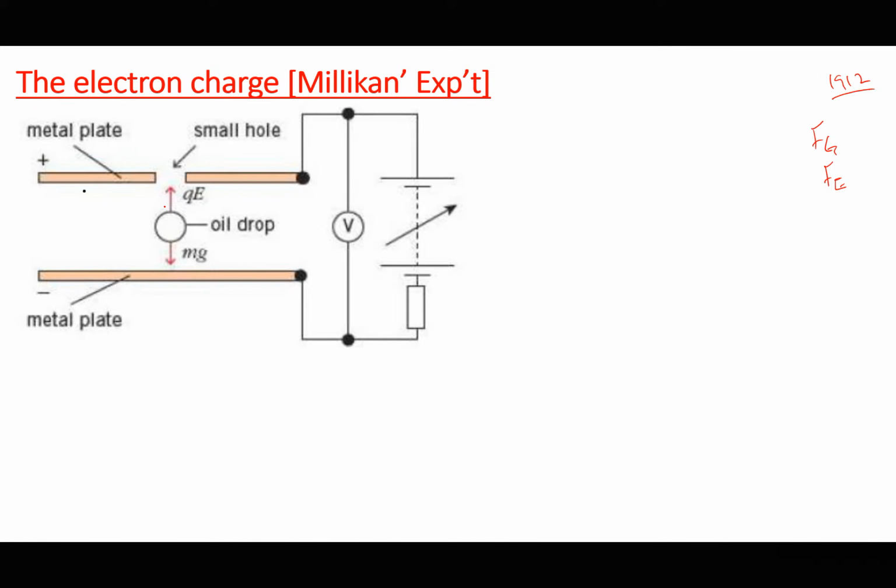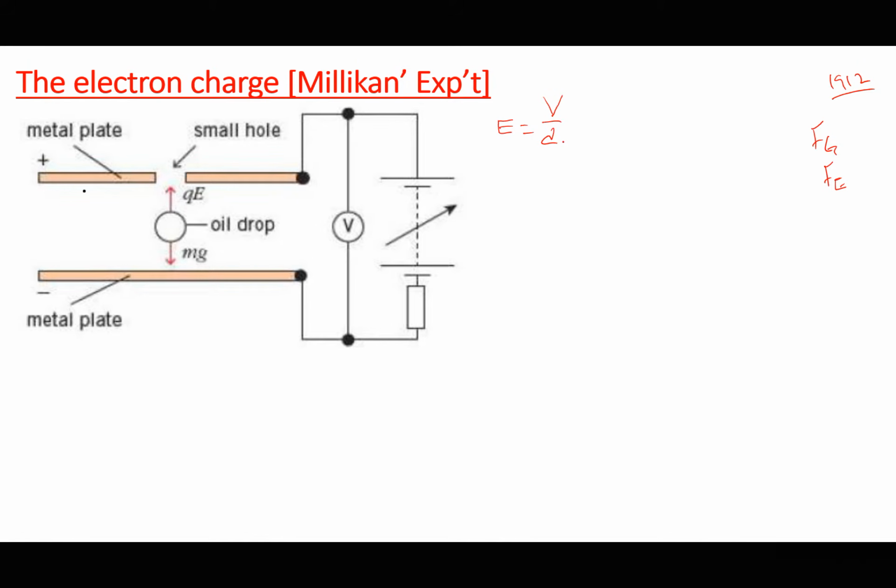So in his experiment, the two horizontal and parallel metal plates were connected to a source of potential difference, as you can see in this diagram. This arrangement could produce a uniform electric field between the plates. Remember, electric field strength E was given by the potential difference V divided by d.